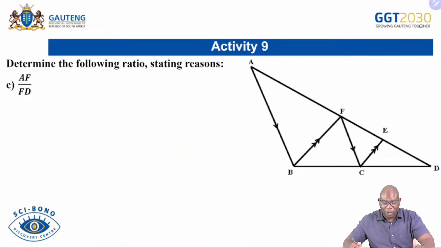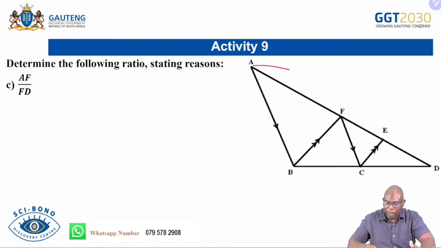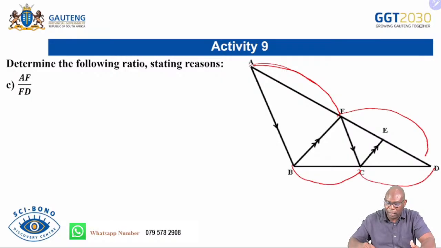All right. The last question on activity 9, it's AF over FD. And remember, AF is the same as the BC, if I use this line and that line as my reference, parallel lines.